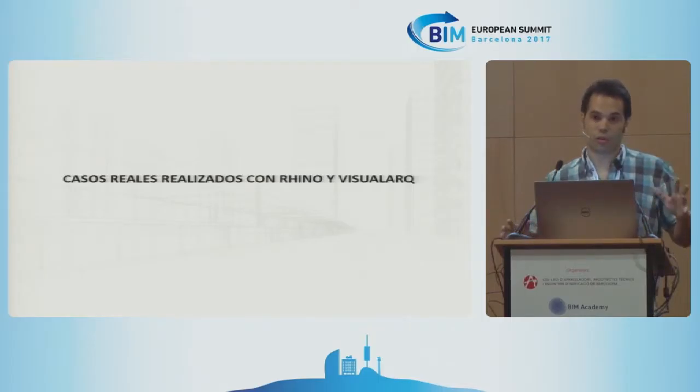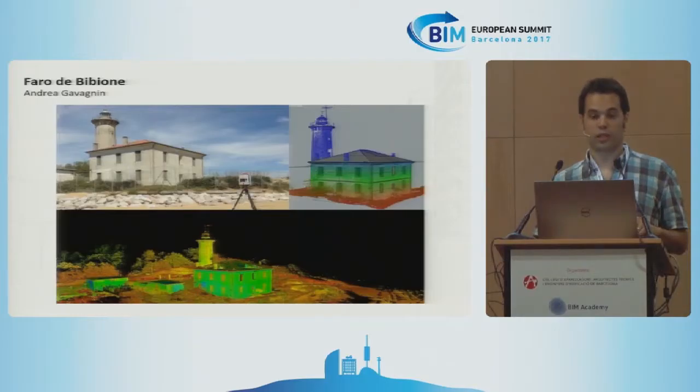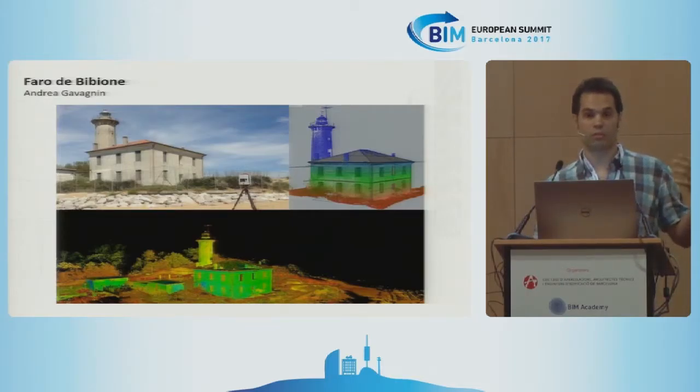I would like to show you some real cases completed with Rhino and Grasshopper, which at the same time are two very different platforms. The first one is a project on an existing building in Italy, where this building was scanned through a 3D scanner.